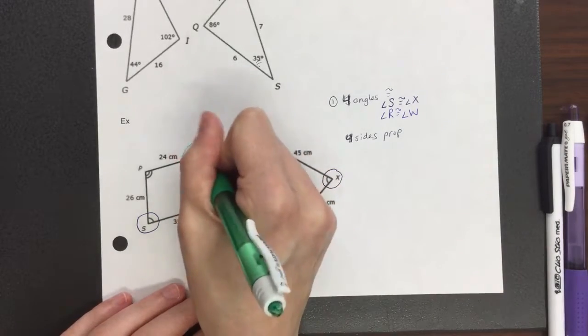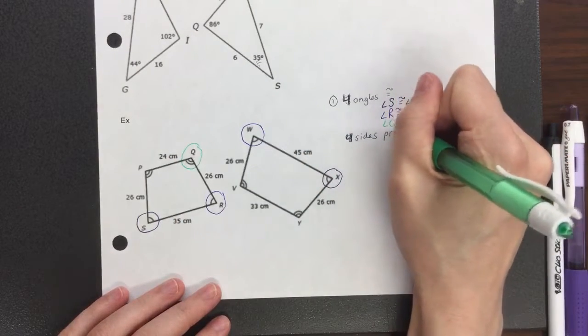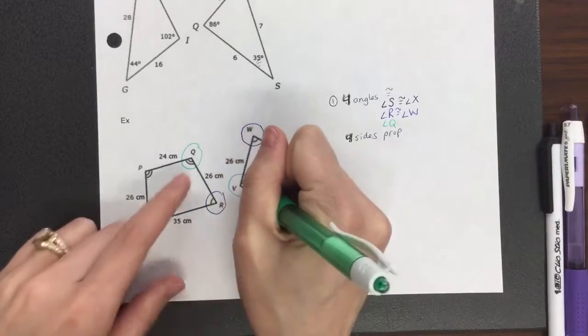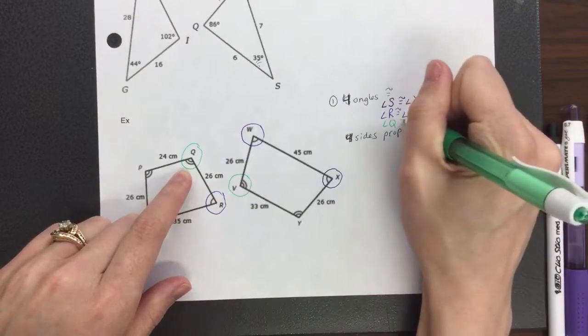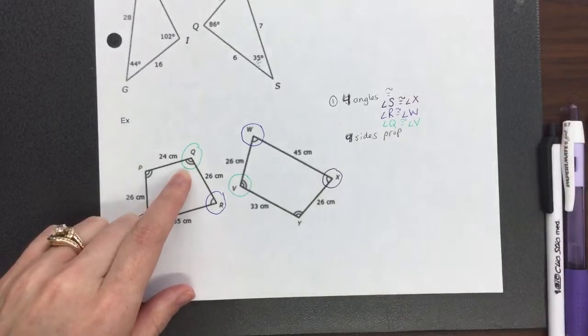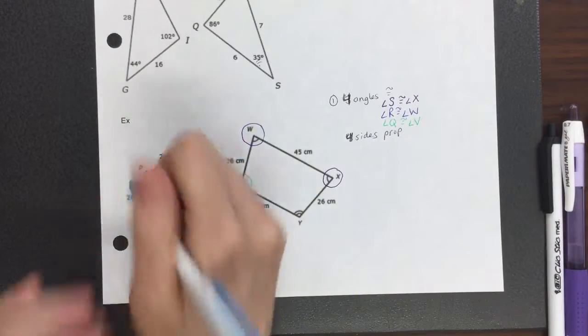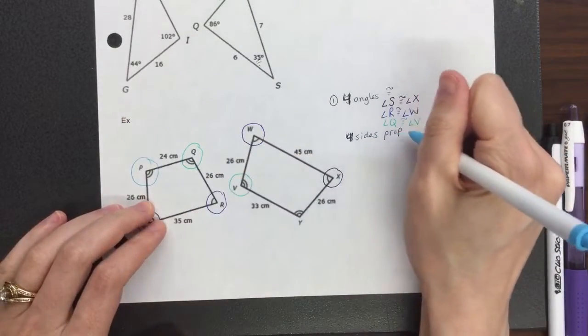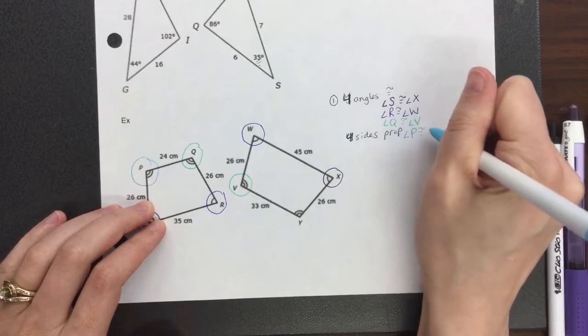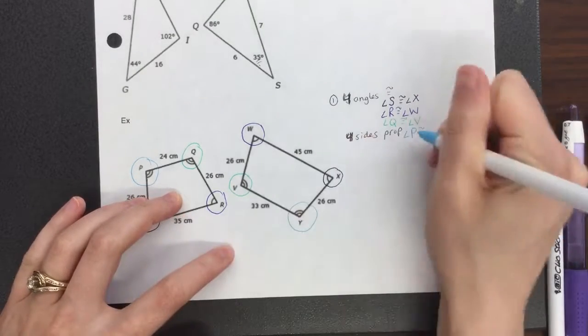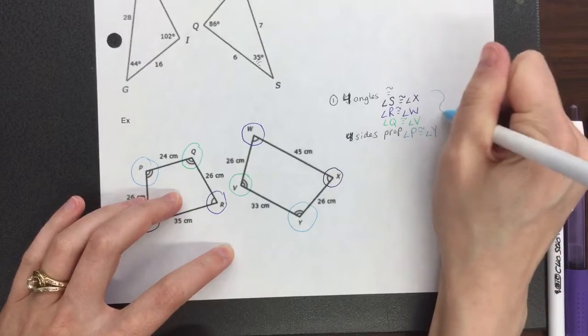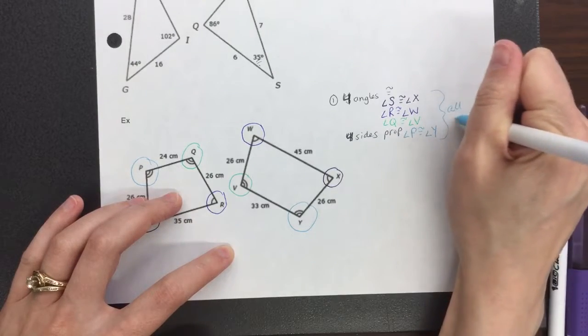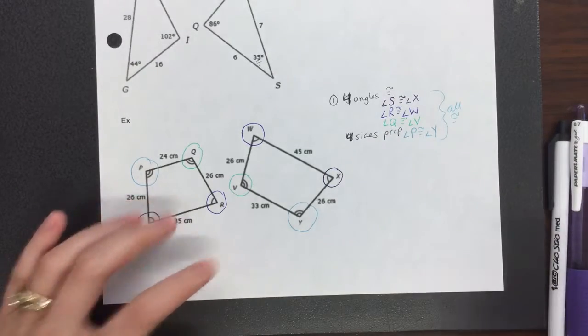So then we've got angle Q is going to match up with angle V. They both have 2 arc marks, so we know they are congruent. And then angle P should be congruent to angle Y. So there we are. We've got all angles congruent, so we're doing okay so far.